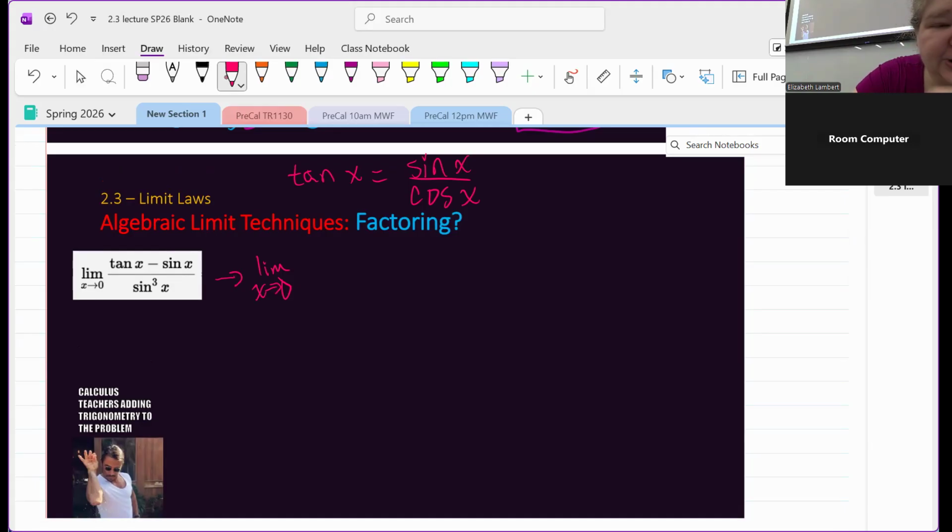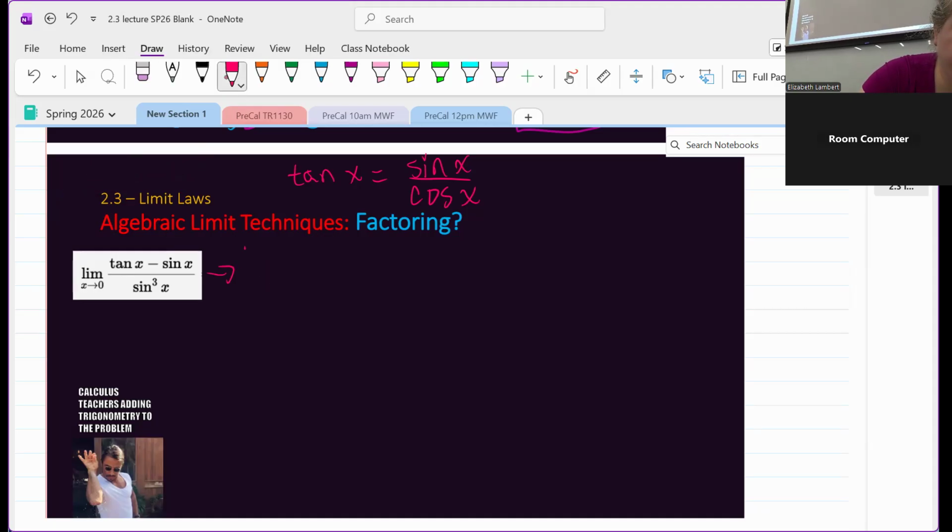All right, now before I actually start messing with the trig, this is my math teacher brain already skipping ahead. Technically, we should plug in the 0. So the tangent of 0 is 0 minus the sine of 0 is 0. I keep being extra, I'm sorry.